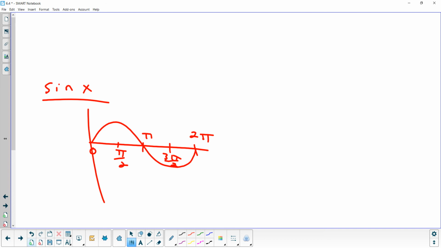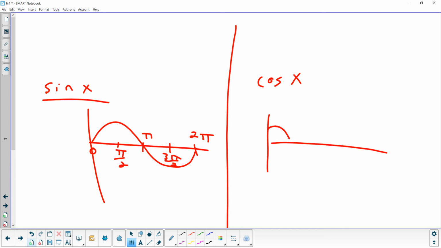So that's what sine looks like. And cosine looks like this. Again, 0, pi over 2, pi, 3 pi over 2, and 2 pi. Just kind of put the labels wherever I had space to put them.